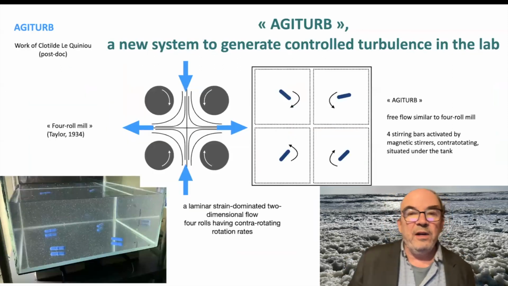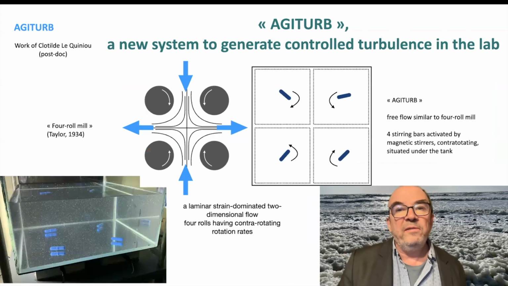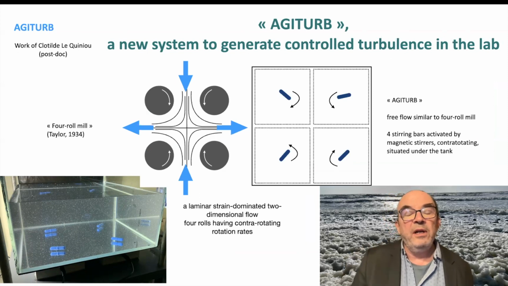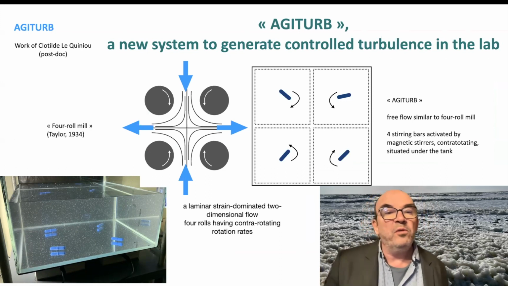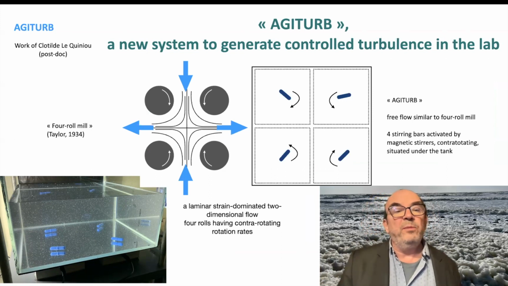And I finish with a system that we have developed in the lab in Vimereux. It's called the Agiturb. So it's a new system to generate controlled turbulence in the lab. It was inspired by the four-roll mill system published by Taylor in 1934, in which there were four rolls that have rotation rates.